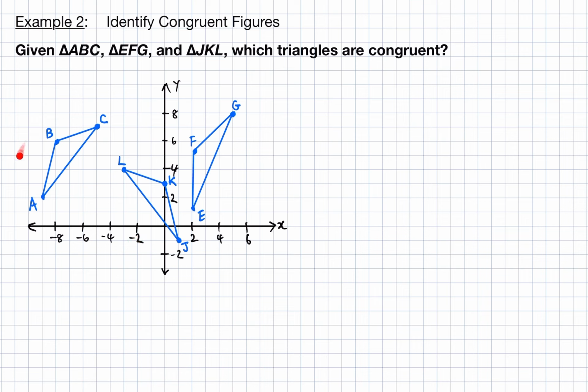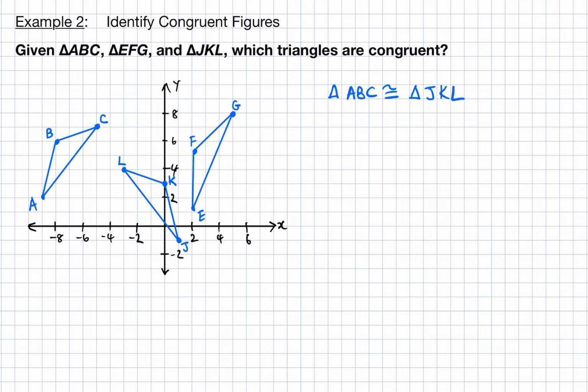So now we've identified that triangle ABC is congruent to, and we need to specify the letters in order, triangle JKL.